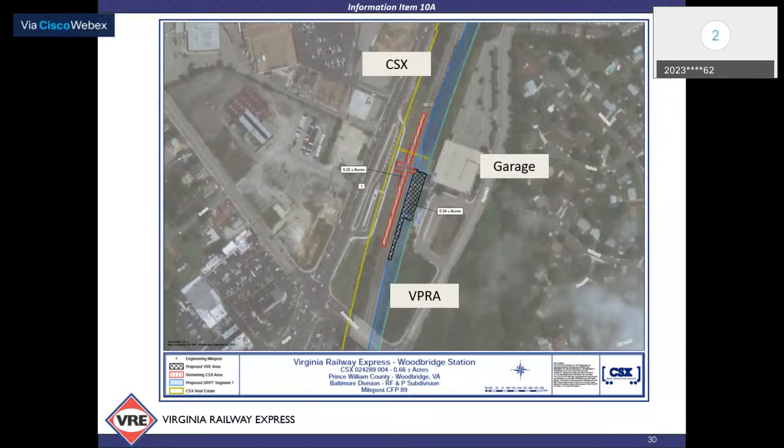Right smack dab in the center of that is a black hash mark that would represent the existing east side platform. The red outlined area, moving to the left, represents the existing west side platform. And then, of course, the yellow line to the left indicates the current CSX right-of-way.